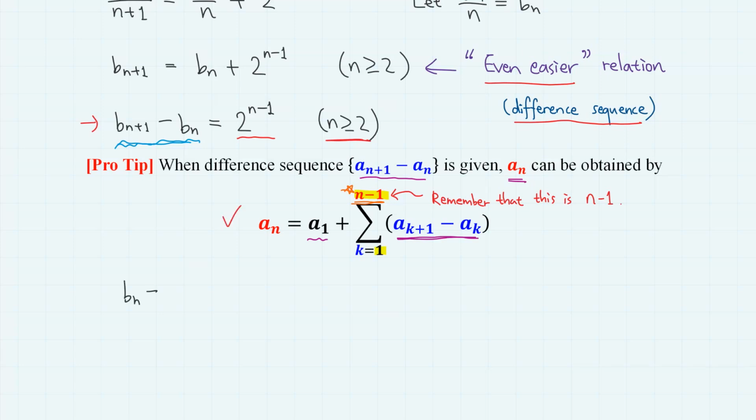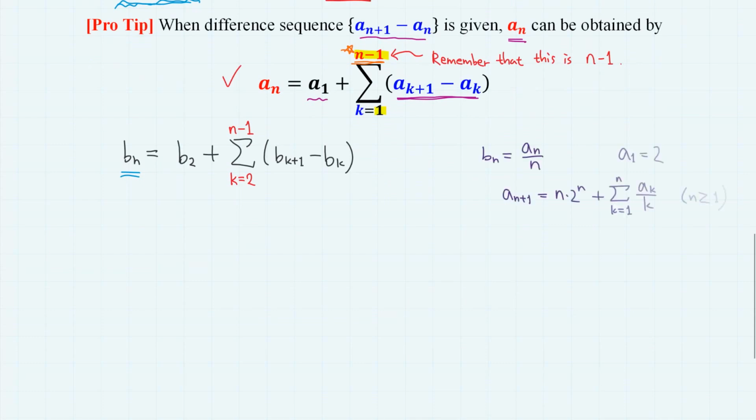That is, instead of b1, we start from b2, then we have the summation part. And you can easily understand that now the summation must be carried from k equals 2 to k equals n minus 1. Then the right hand side will give the result bn. Here, b2 is equal to a2 over 2.